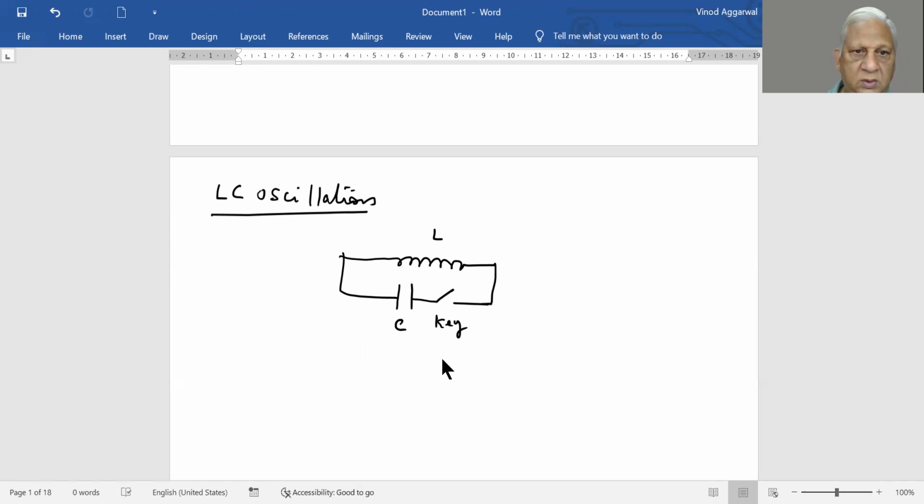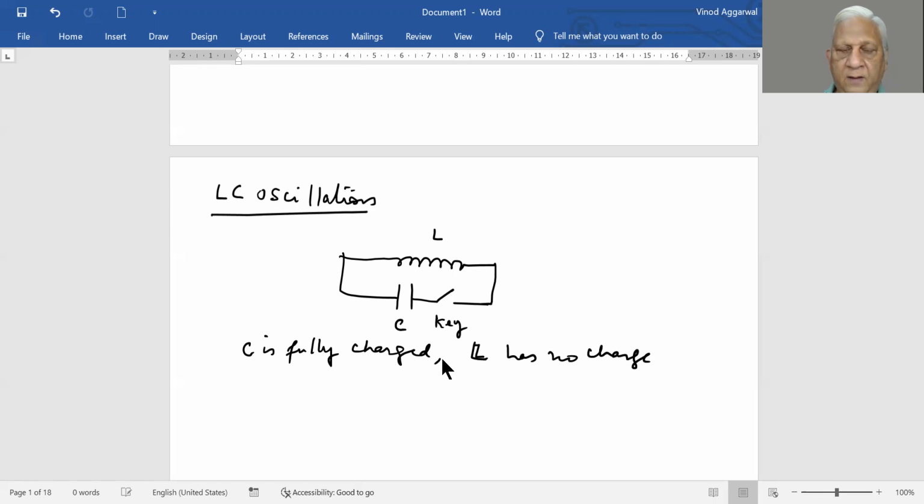Now to start with, C is fully charged, and L has no charge. Okay, this is our starting condition.